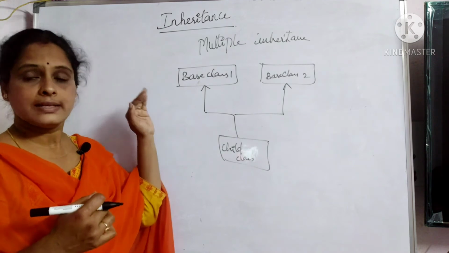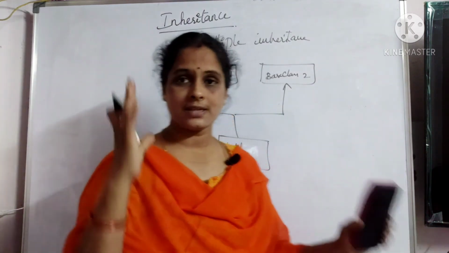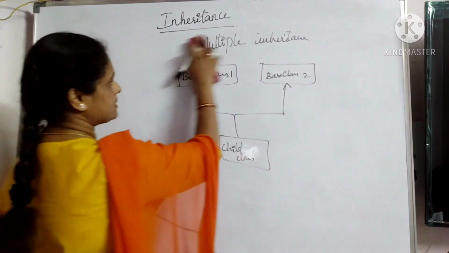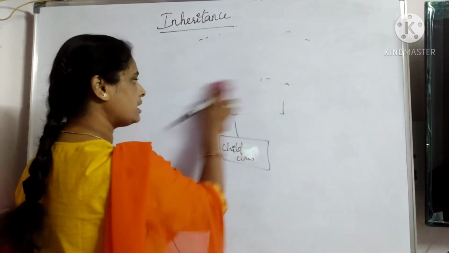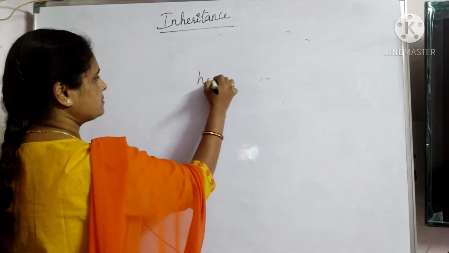Now, coming to the next one, hierarchical inheritance, where you'll have a single base class and multiple child classes inheriting from the same base class. So that is a hierarchy, a tree form.